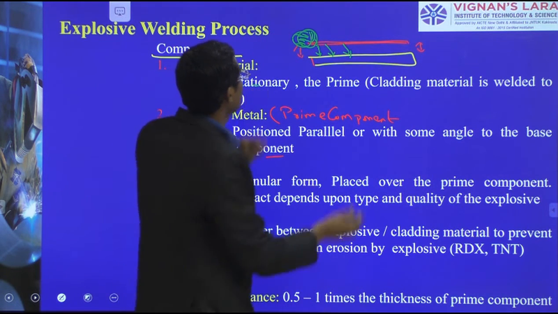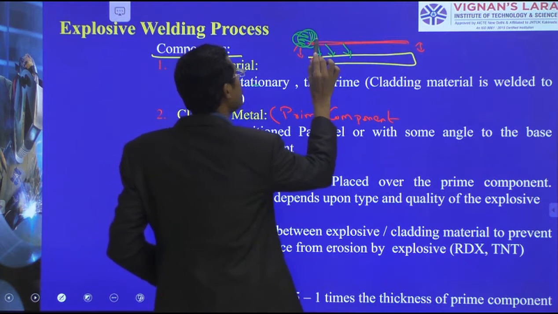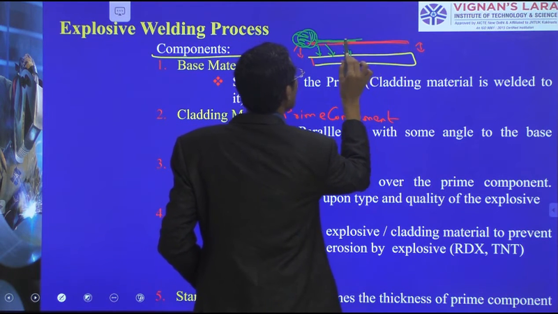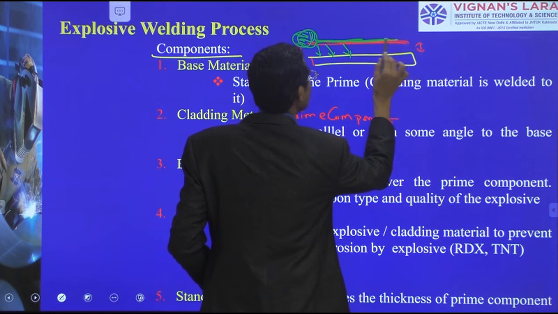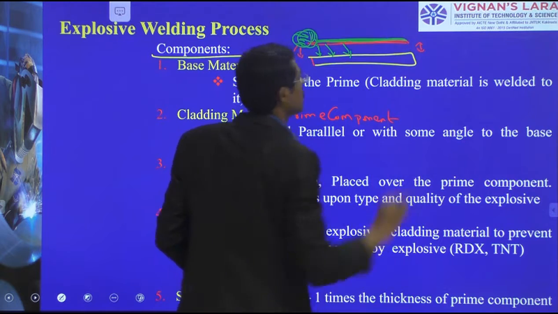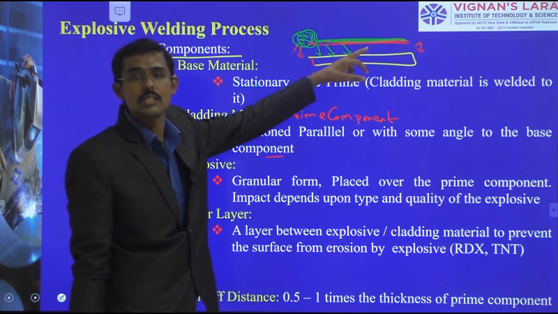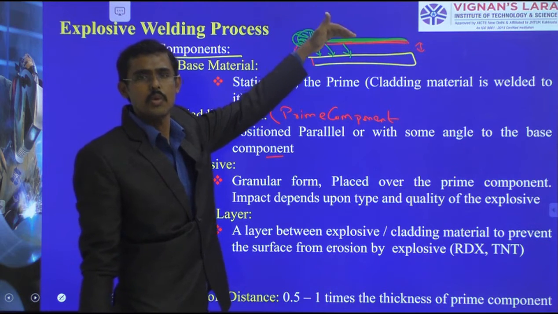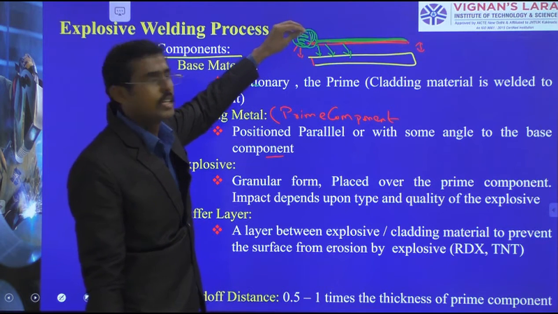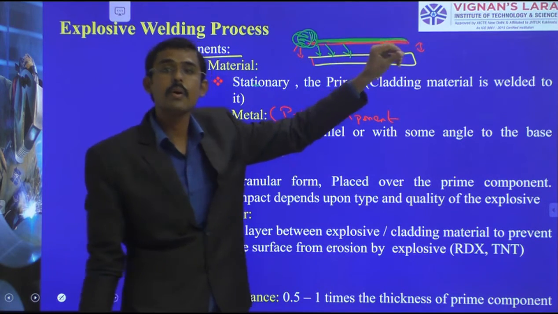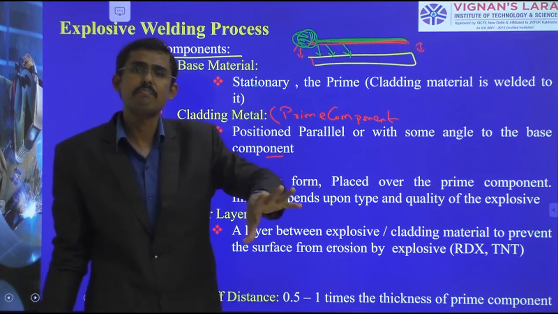When the fire is delivered, the explosive is kept continuously here throughout. The above layers are covered by the explosive. So there are two layers: one is the cladding material, and over it we have the explosive. At one point I am firing, and immediately the fire keeps going along, generating impact.